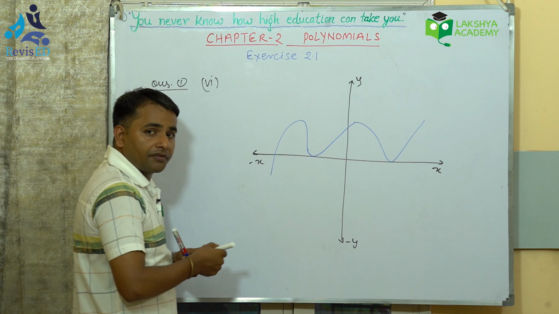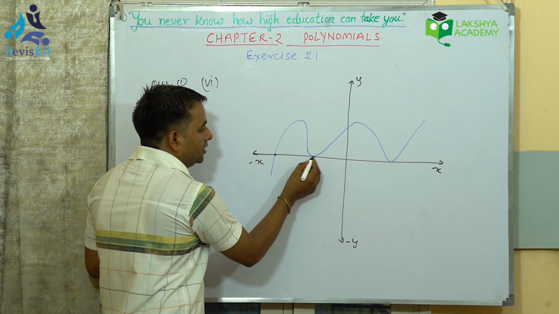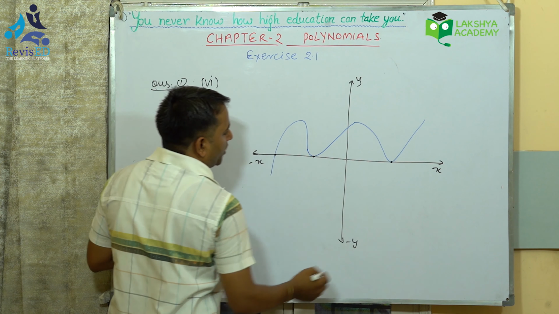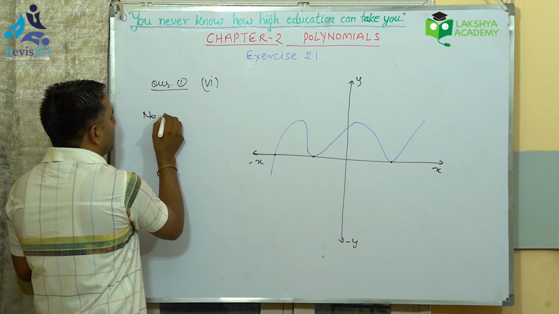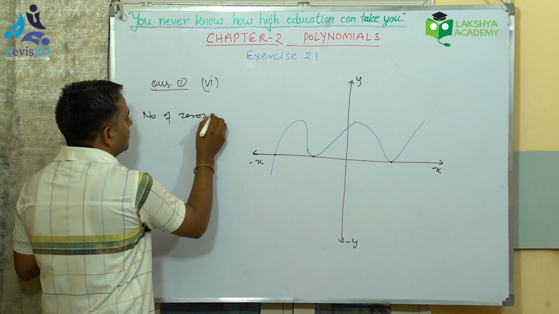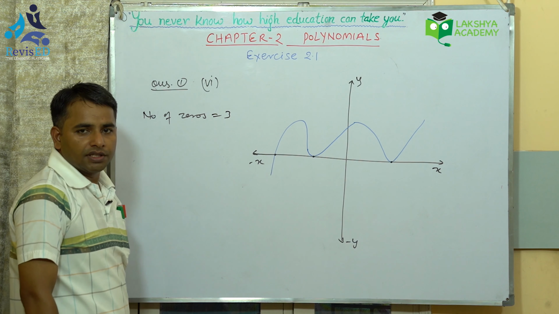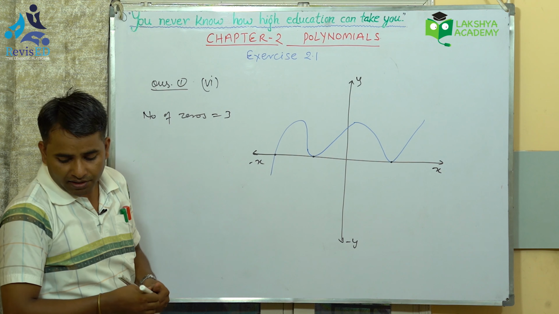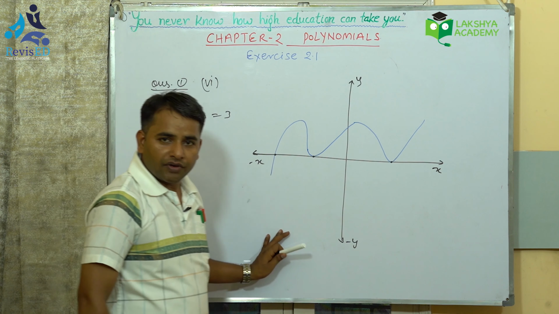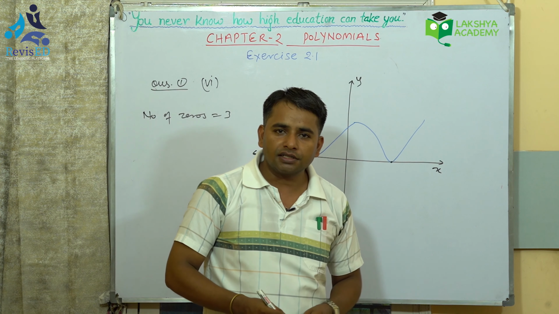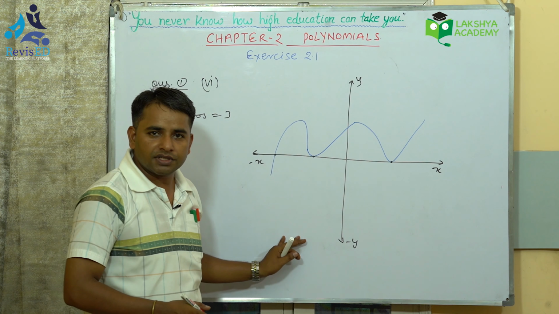Now see that this graph is touching the x axis at 1, 2 and 3 points. Therefore, number of zeros are 3. So this completes our exercise 2.1. We will discuss in the next exercise regarding the relationship between the coefficients and the zeros.